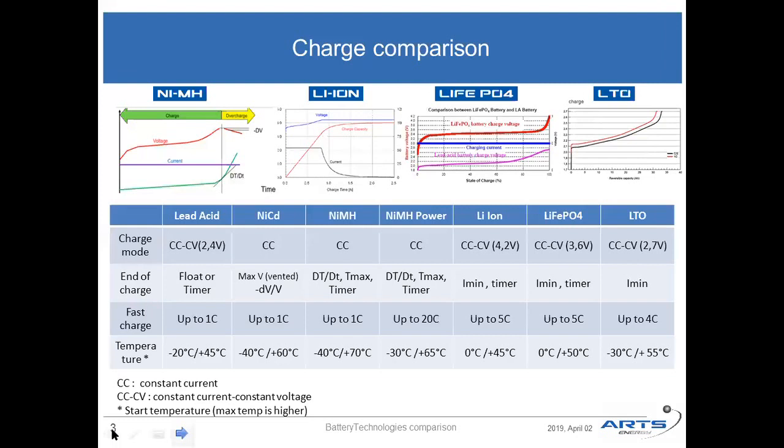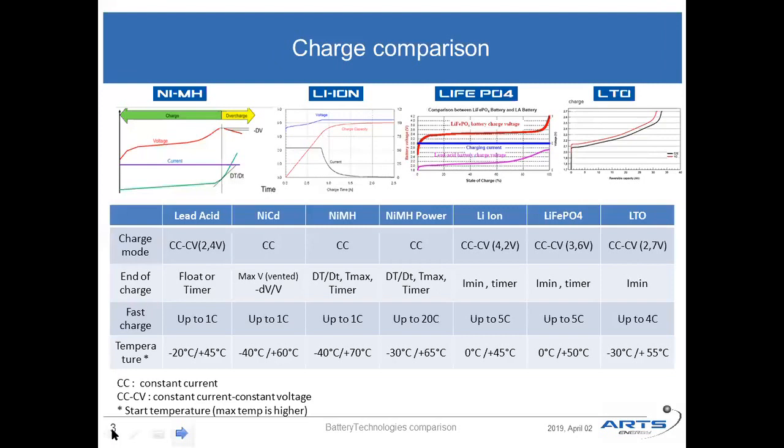What is important to note is that the end of charge is very different depending on the technology. And the advantage of lithium ion is to have a more rapid charge than other technologies, except for the power nickel metal hydride, where you can have a very fast charge. So this is really a main criterion, a main benefit for this technology.